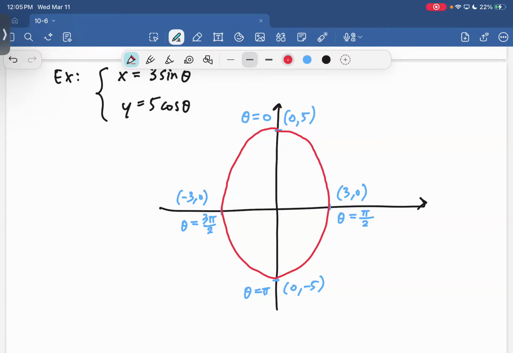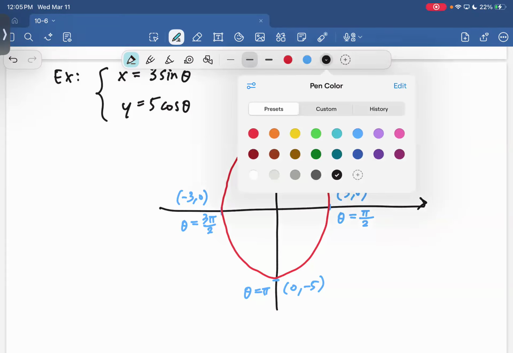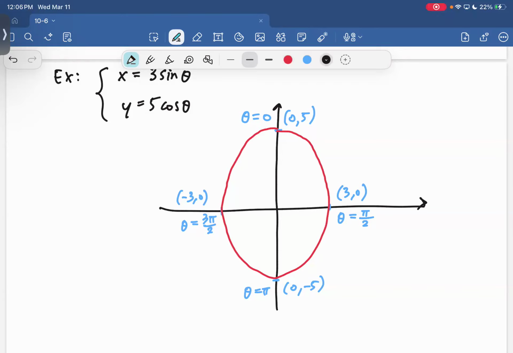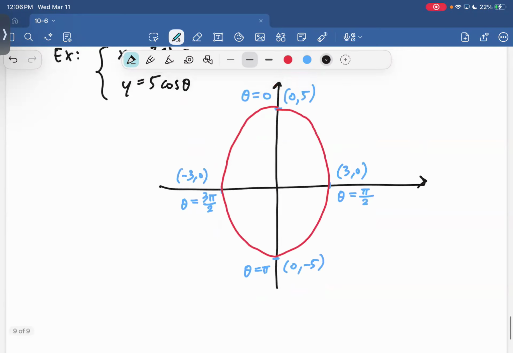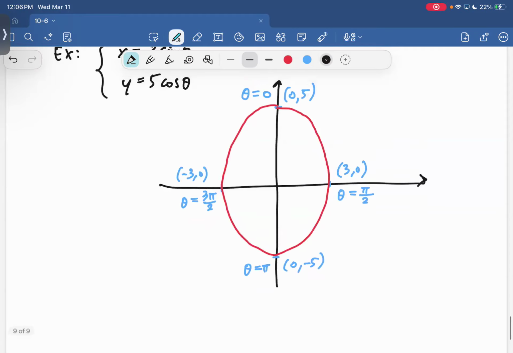So you always do pi over 2, pi. Those give you the most graphable values of sine and cosine, right? So that's why we choose those. Like, do you know where 3 root 3 over 2 is? You don't want to graph that, obviously. It's about 2.5, but you guys wouldn't know that. So you need to plug in more useful values of theta.